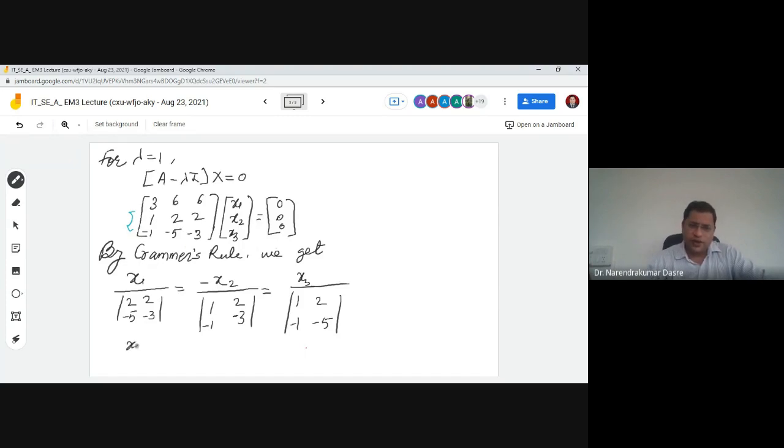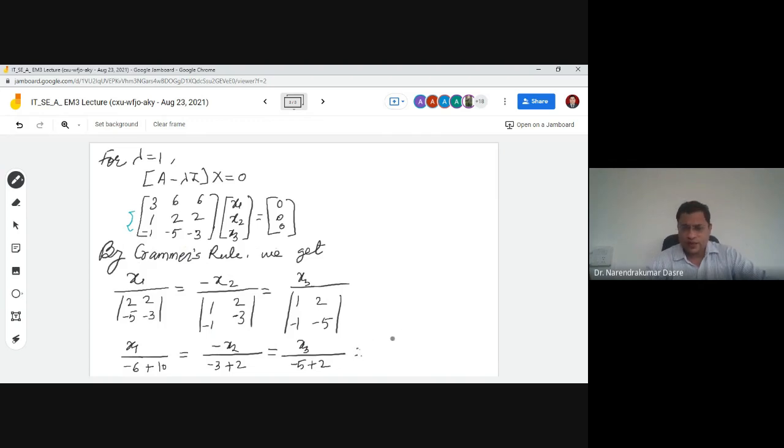So what we get here, x1. Solve these determinants. This is going to be minus 6 and plus 10. So it is minus x2, and here you will have minus 3 plus 2. And here this is x3, so we'll have minus 5 and plus 2.